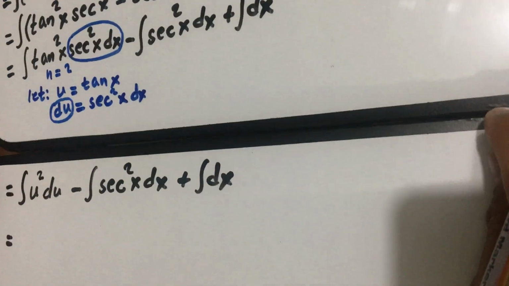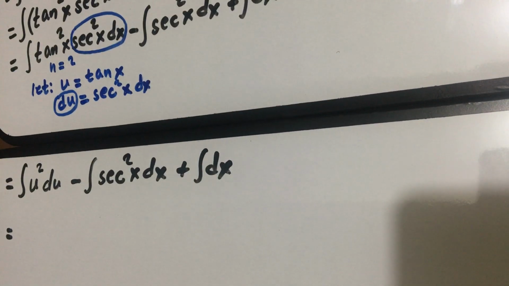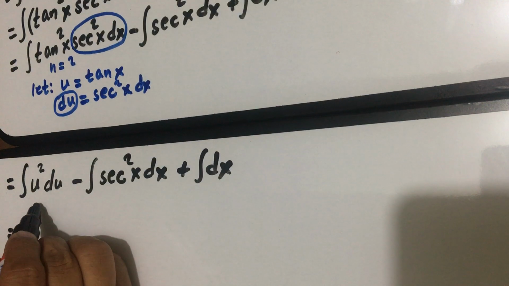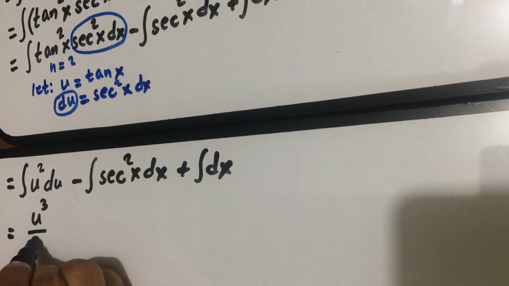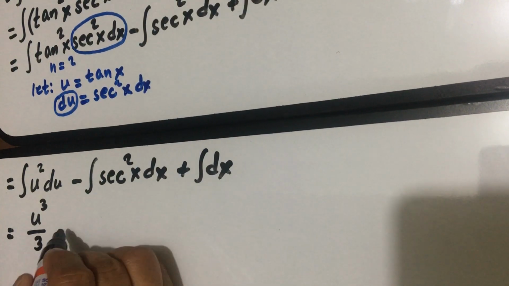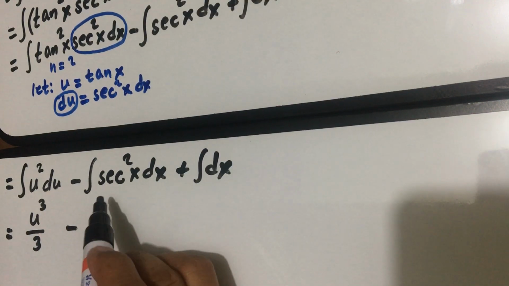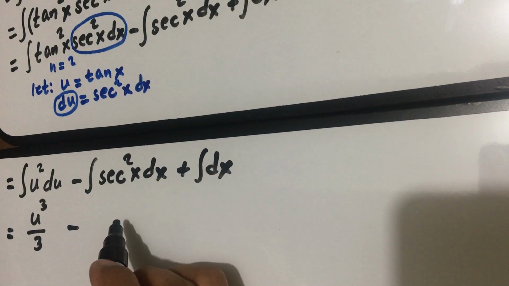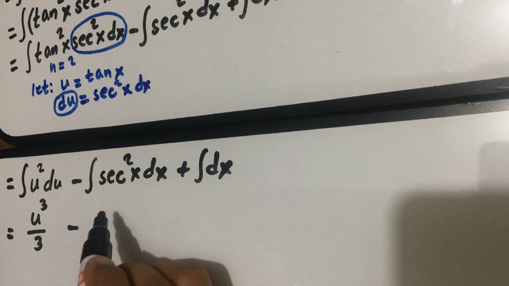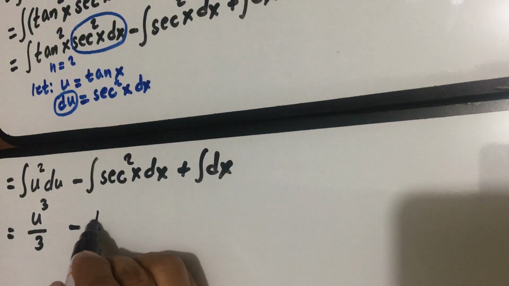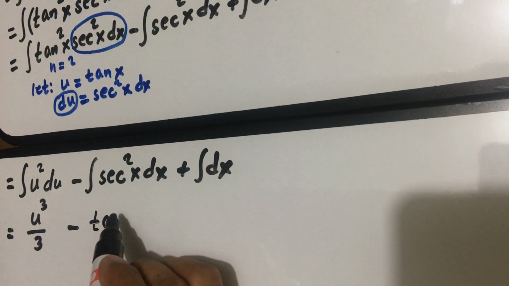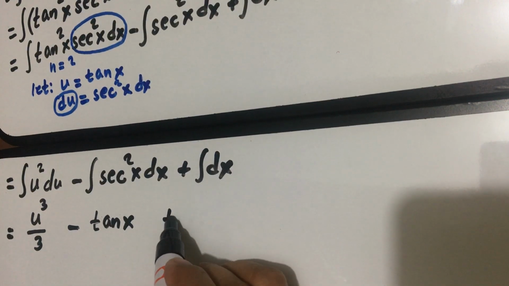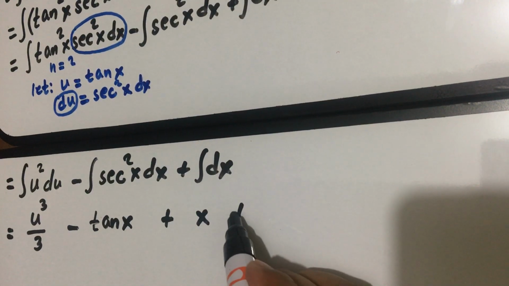Alright, so to continue applying that formula, we have u to the 3 divided by 3 minus, using the formula for integral of secant squared u du is equal to tangent u. Okay, so our u is equal to x, so this is tangent x. Then the integral of dx is equal to x, then plus c.